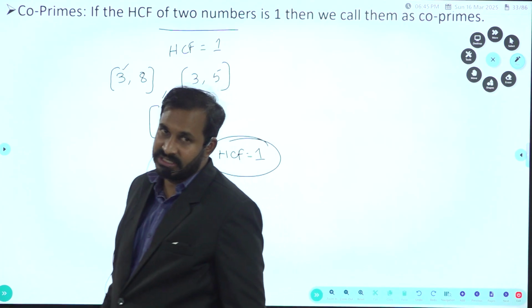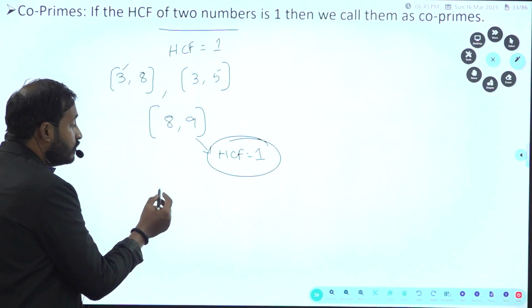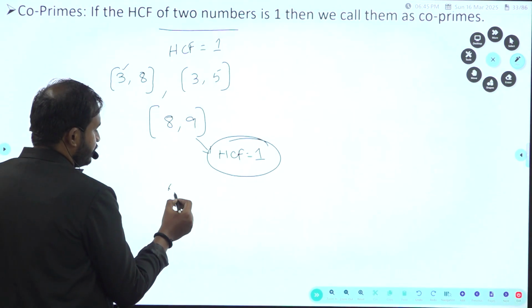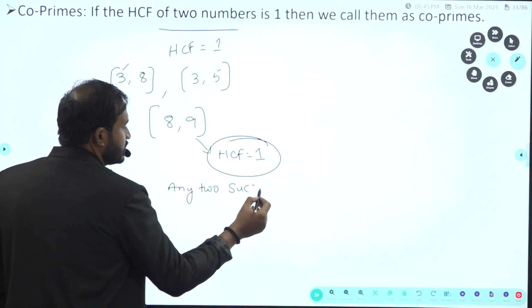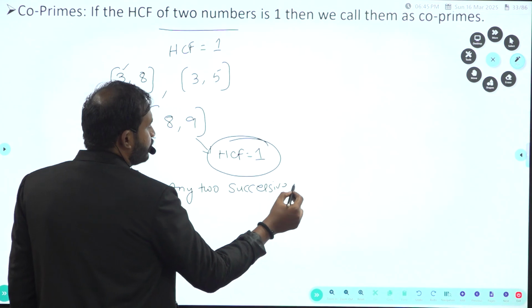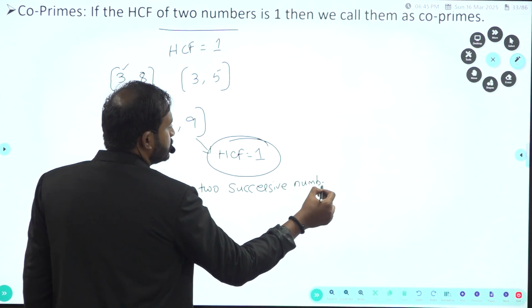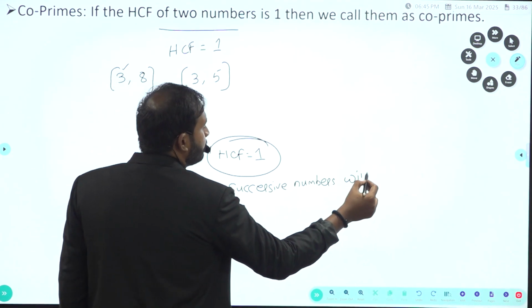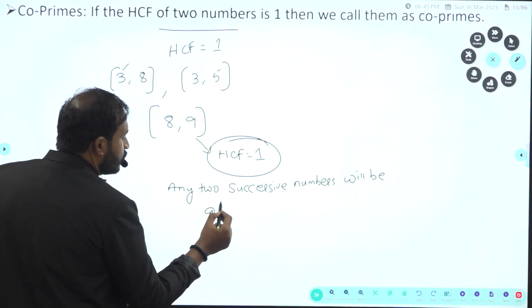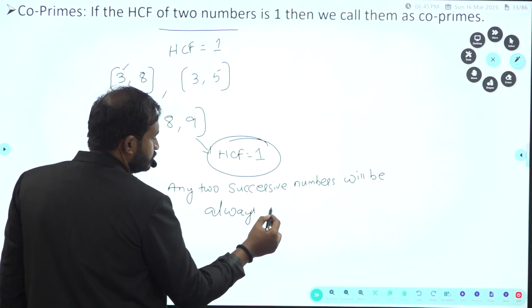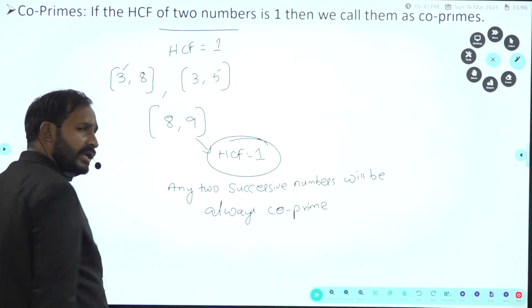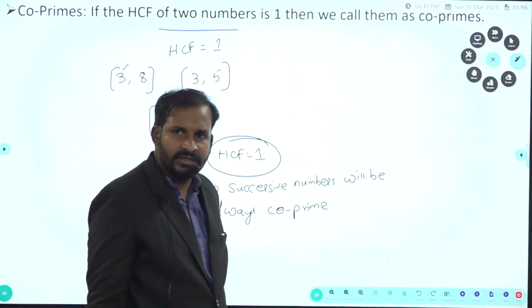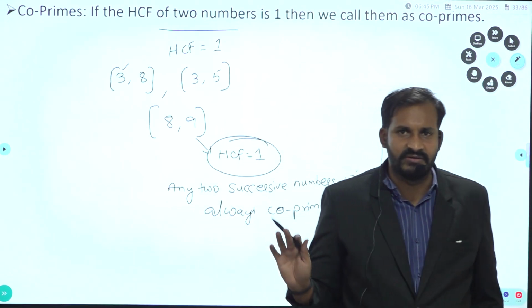For these co-primes, not only this, any two successive numbers will always be co-primes. Take 8, 9, 10, 11, 12, 13, 14, 15, 16, 17, like this.